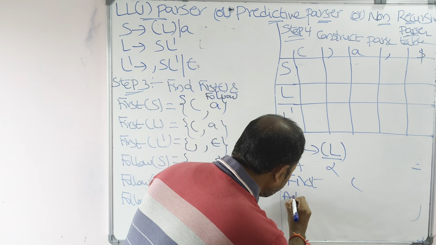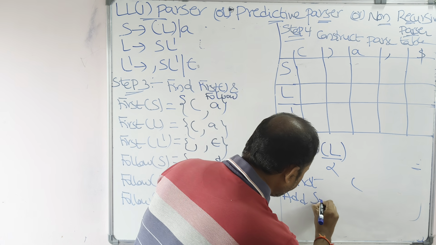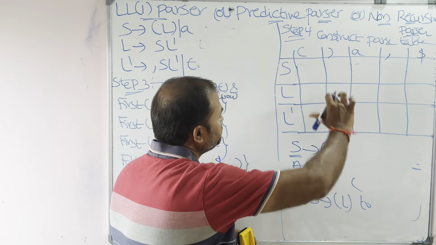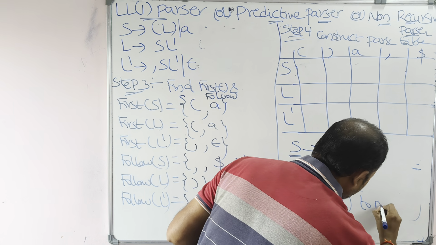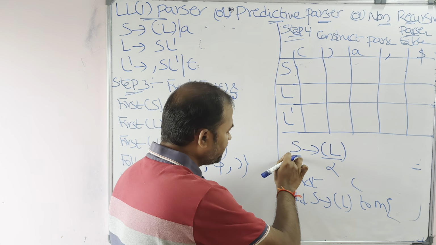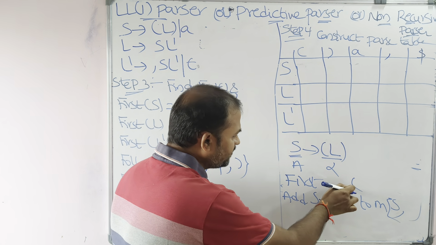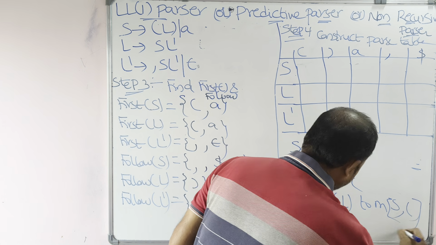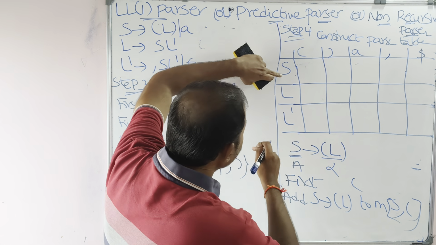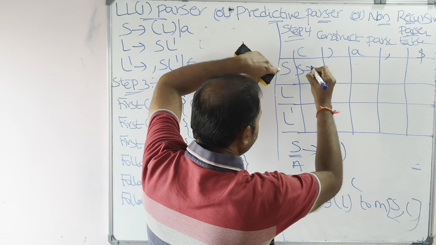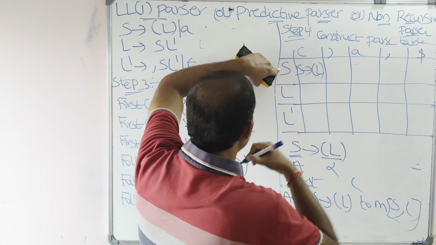Let us assume that this parse table is M. So M of the row, non-terminal S, comma, the terminal symbol, left parenthesis. Add the production S produces left parenthesis L, right parenthesis.